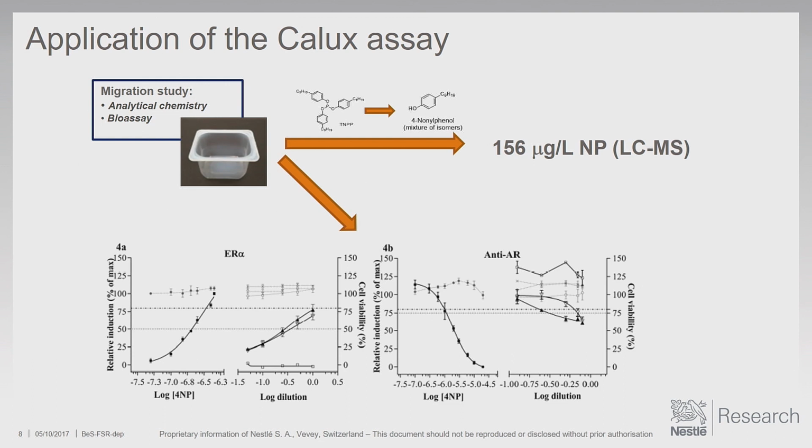You can see here what we call an agonist effect. So it's estrogenic, you see here. And we could show that this activity was mostly due to the presence of nonylphenol, which is a known estrogenic chemical, and there was a good concordance between the two.